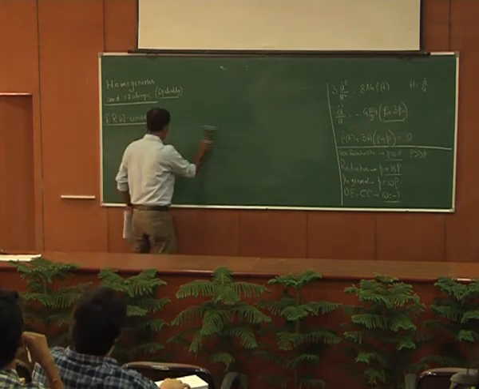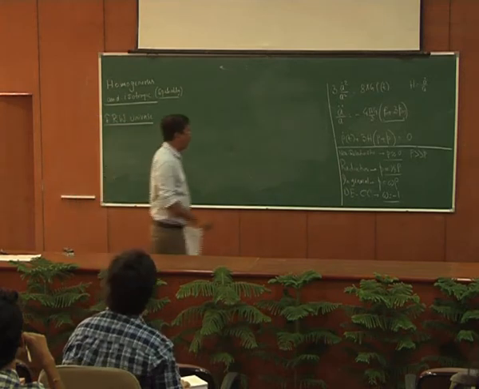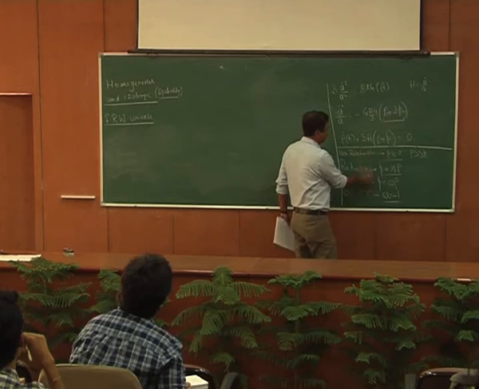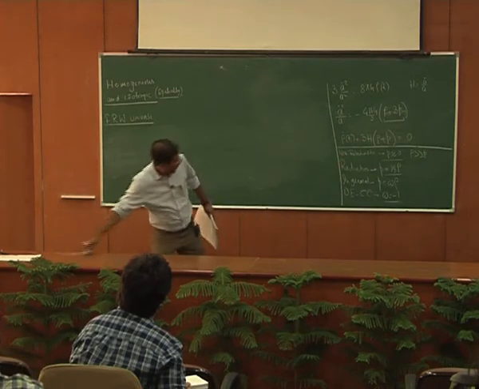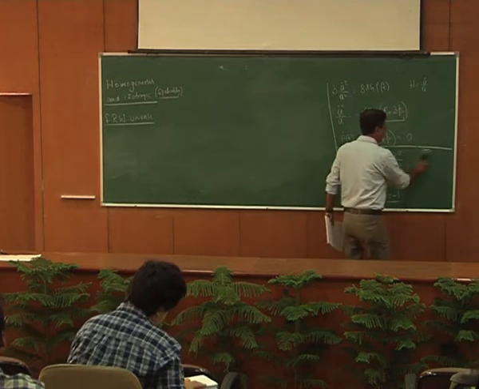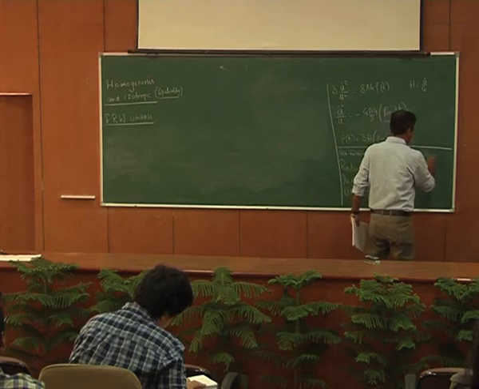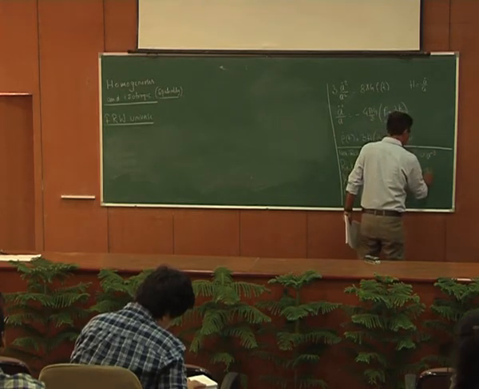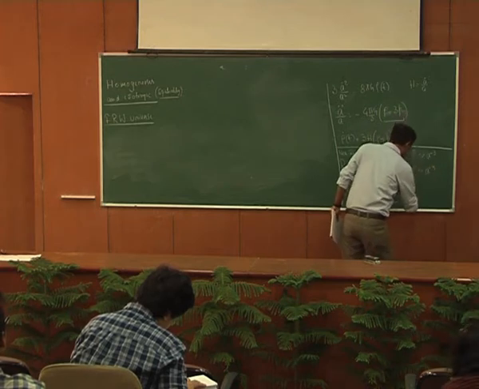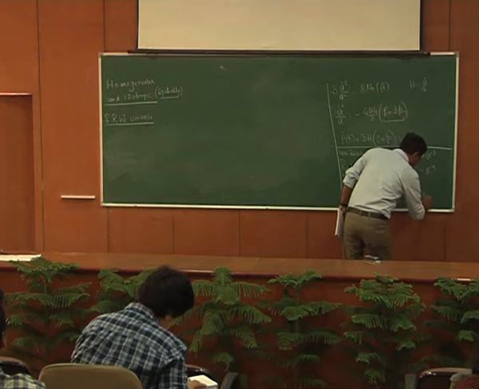Okay, so once we have these things and I put them in, what I get is that for non-relativistic matter, the energy density scales as a to the power -3. For radiation it scales as a to the power -4, and for dark energy it is a constant.